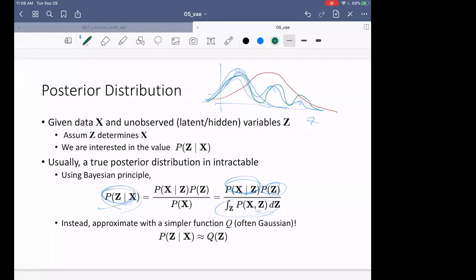If you assume everything very simple for all these components, then PZ given X would also be simple, and it wouldn't resemble the true nature of your data. So even if you have a posterior, it wouldn't really be the true posterior, because you're assuming some very simple distribution for PX.